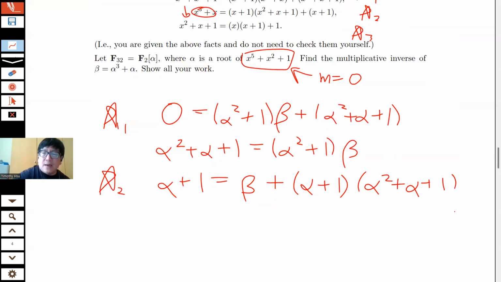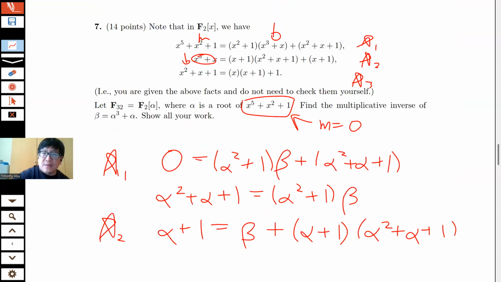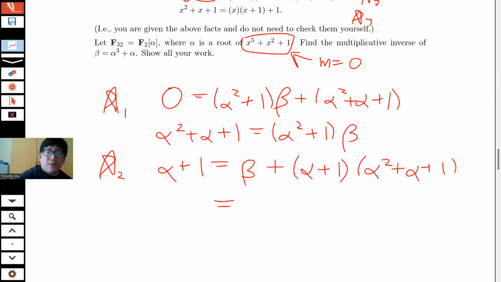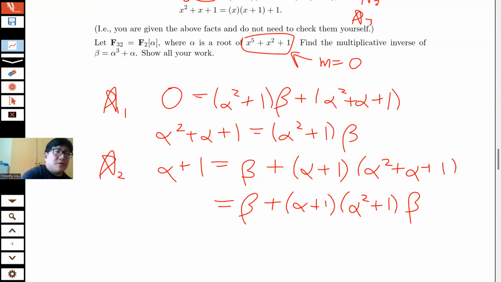Yeah, that's right. Right, because I moved this stuff over here, over to the other side, and rewrote in terms of alpha. But we know from before that, well, here's the alpha plus 1 that stays, and we know that alpha squared plus alpha plus 1 is equal to alpha plus 1, alpha squared plus 1 times beta, right? So remember that, and that came from the previous stuff.